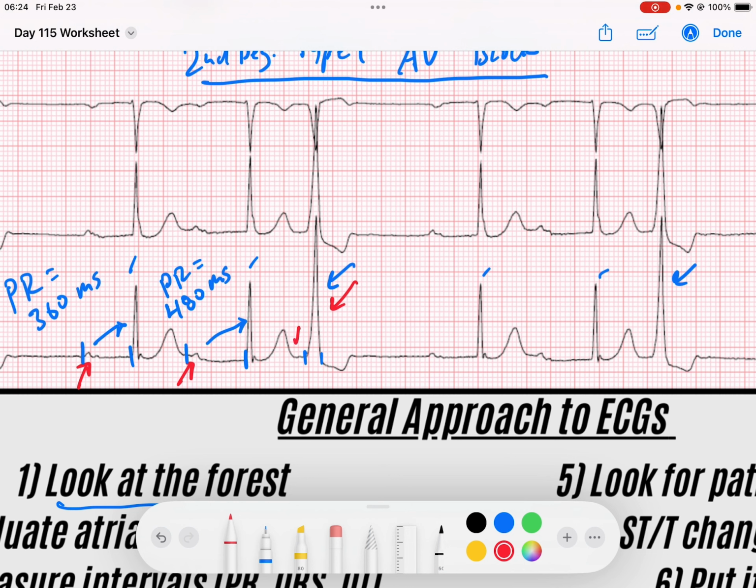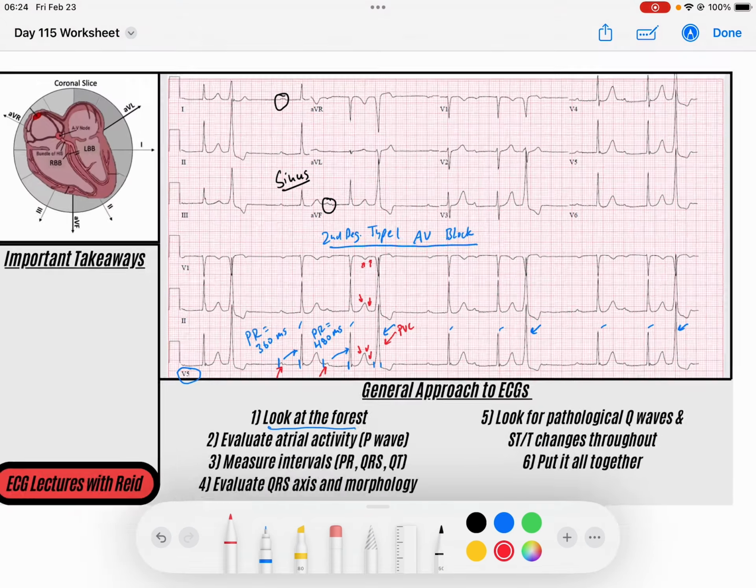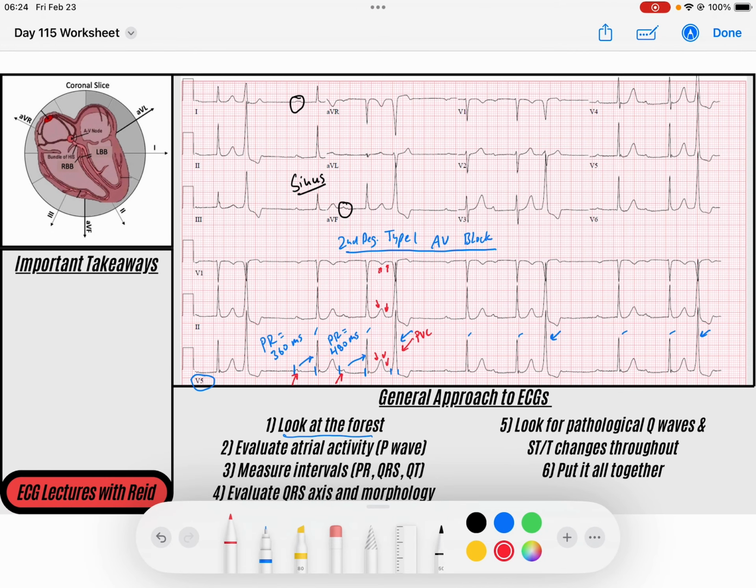If I look really closely at the previous T wave and ST segment of these leads, I don't see any. So these are definitely premature ventricular contractions. These are all PVCs that are occurring every third beat. If you want to be even more specific, we would call this ventricular trigeminy.